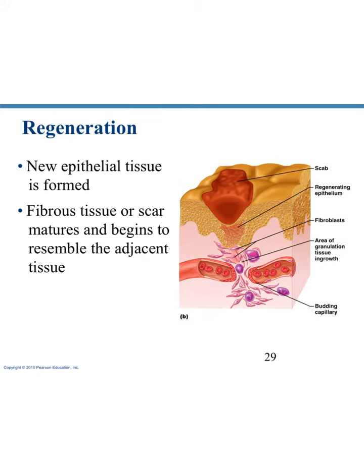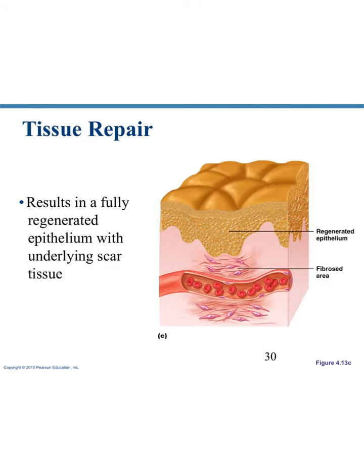Okay, so now your new tissue's formed. Your scab could be removed, and the fibroblasts basically are going to really start laying down the collagen fibers. As they lay down the collagen fibers here, that's going to become your scar tissue. And the idea is that eventually we want the newly formed tissue to look like what it does around it. So we want it to be completely formed.